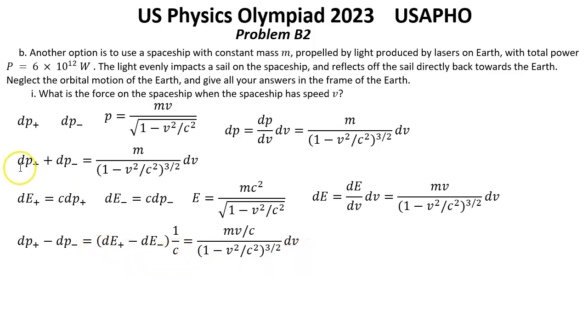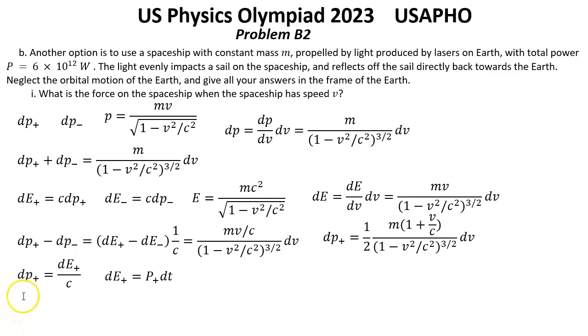Now we have delta p plus plus delta p minus, and delta p plus minus delta p minus. So we can add these two equations to eliminate delta p minus, which we don't need. So we get delta p plus equals this expression. Now we can express delta p plus through the power of our beam.